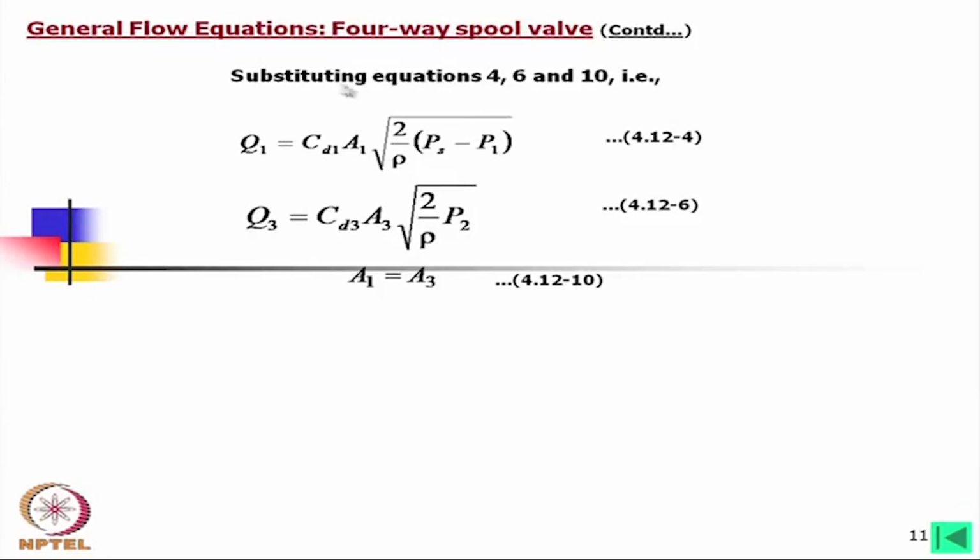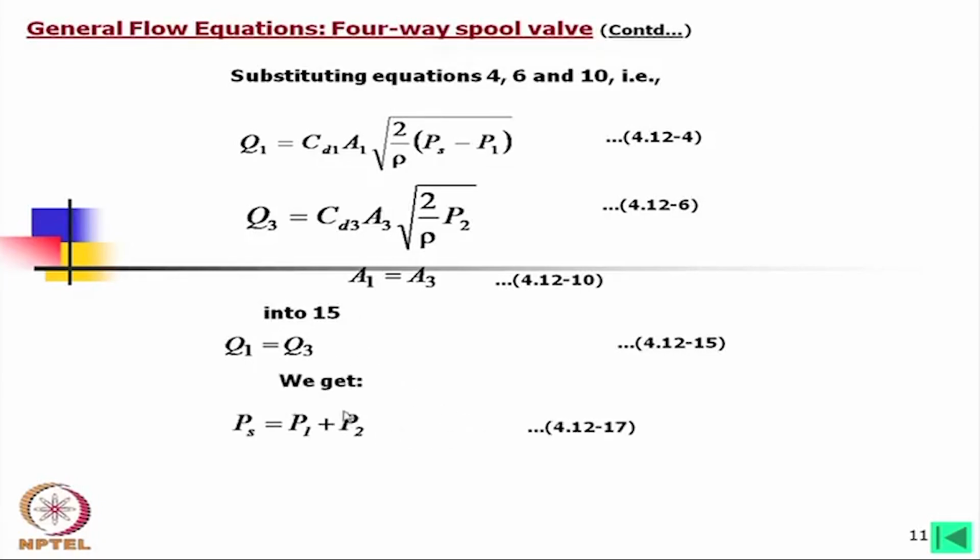Now, we consider equations 4, 6 and 10. So, we have considered these 3 equations and then we have put in Q1 is equal to Q3. Then what do we get finally? We get PS, the system pressure, is nothing but P1 plus P2. If you equate this, you will find that P1 is P2.